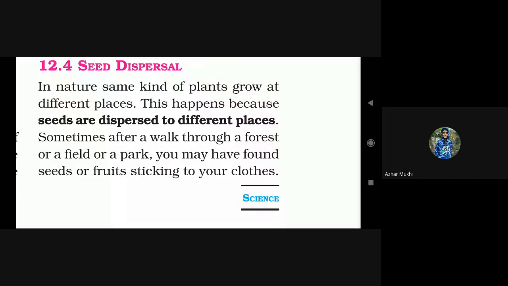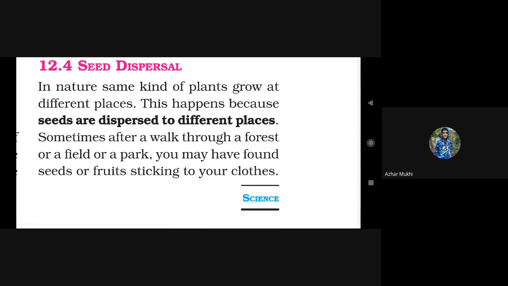Okay, falling down from trees is the correct answer, but if seeds fall down from trees, then they will grow nearby the tree only, not elsewhere. But we are getting plants in the forest, we are getting them in our surroundings. How is it possible? Who went in the forest?